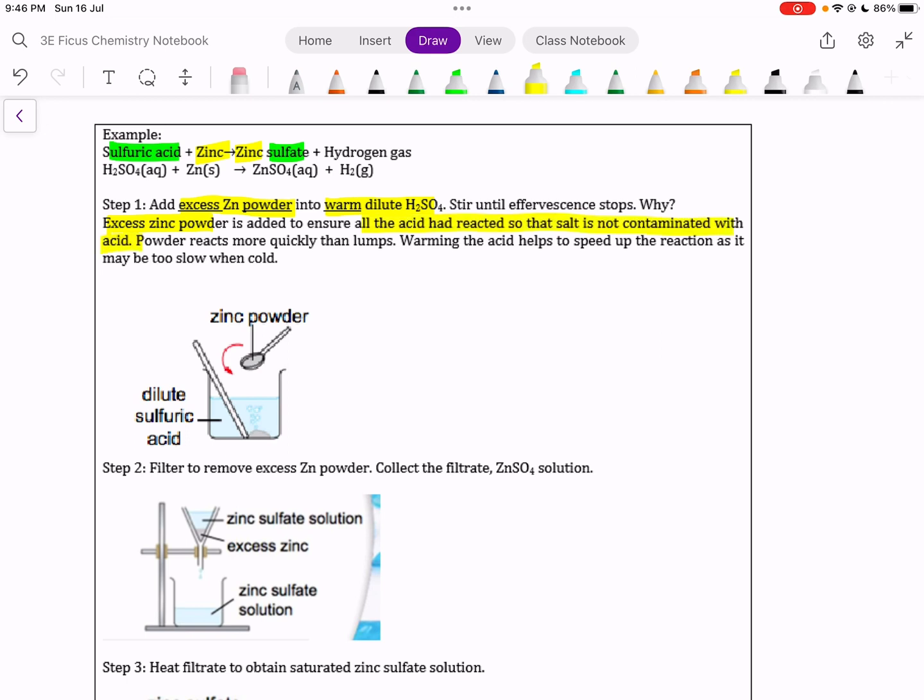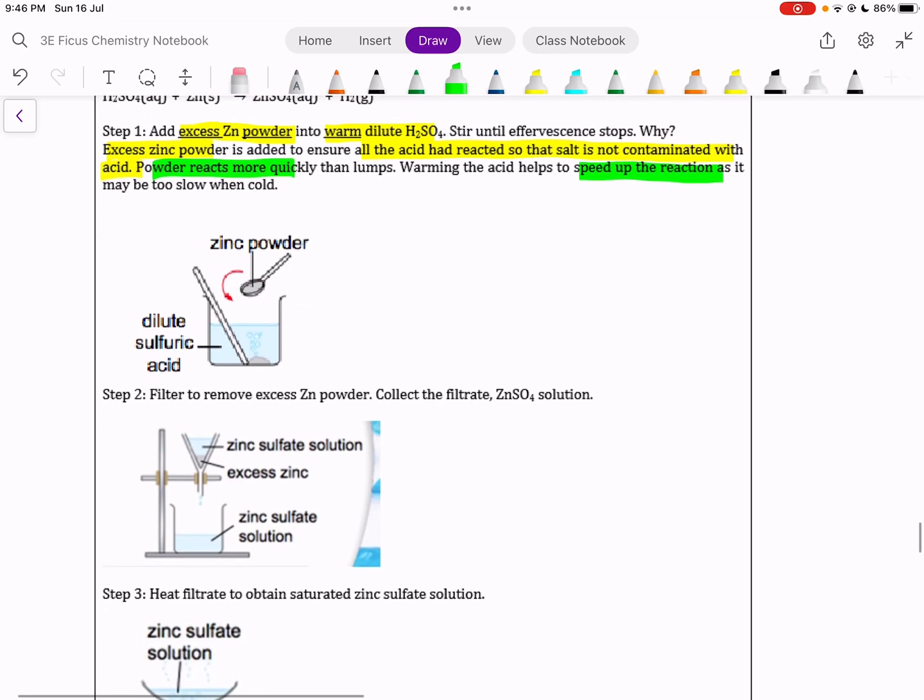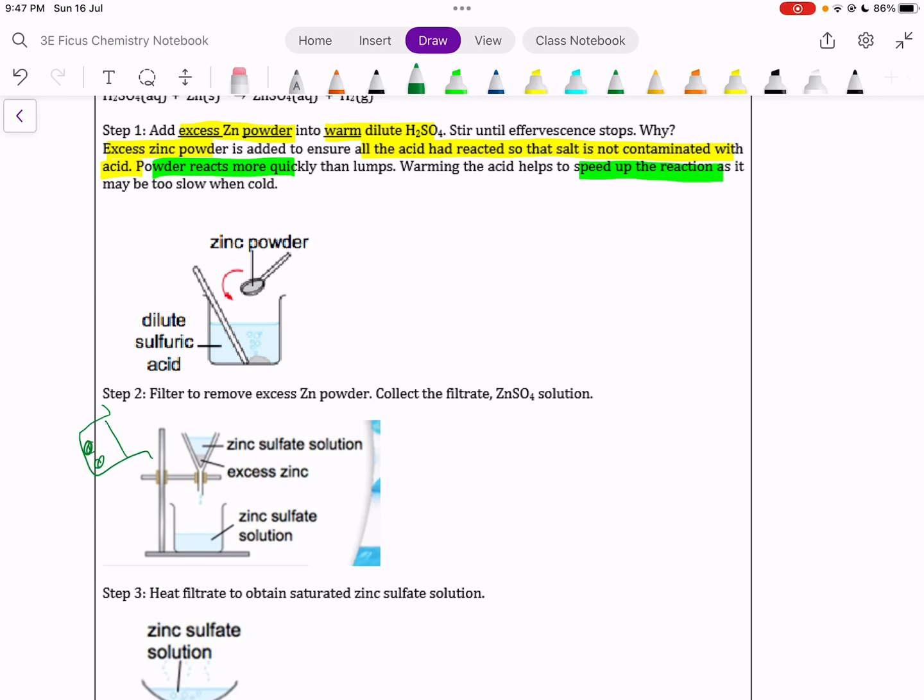And why do you use powder? You don't use one big lump. It's because powder reacts more quickly, and likewise, when you warm the acid, it helps to speed up the reaction, as when the temperature is higher, reactions go faster. Next, after you add everything, you need to do a filtration. The excess zinc will be here. So this is what you want.